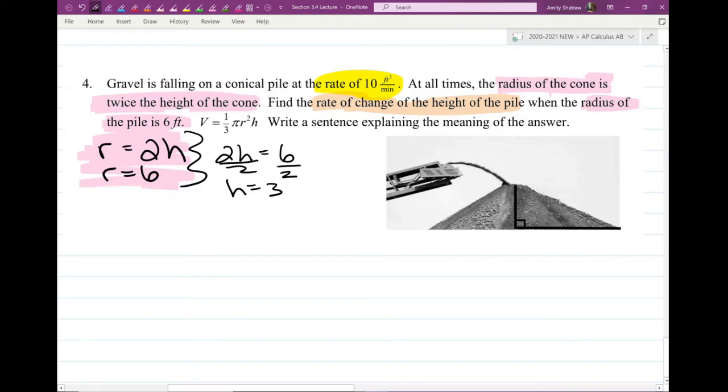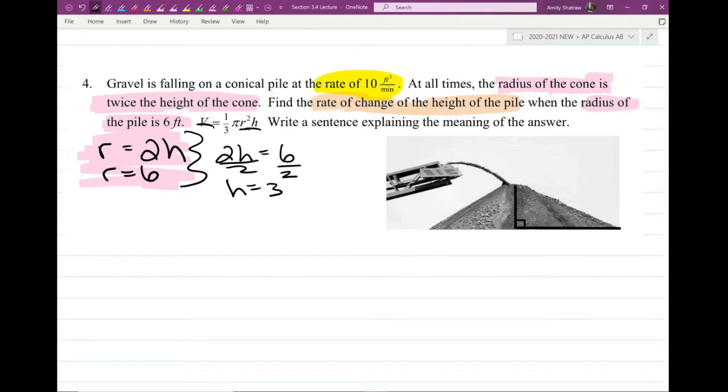I've got a volume formula here because I'm trying to find the rate of change of the height of the pile, and I have a cone. I know everything's going into the shape of a cone. So in a volume formula, I've got a radius and I've got a height, and that gives me volume. It says gravel is falling on that conical pile at that rate. That was something I haven't written down yet.